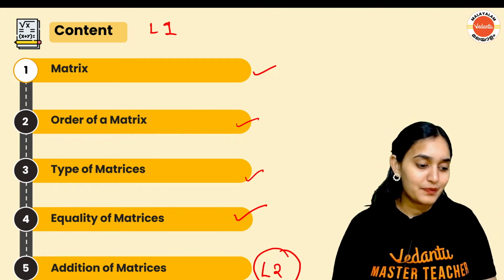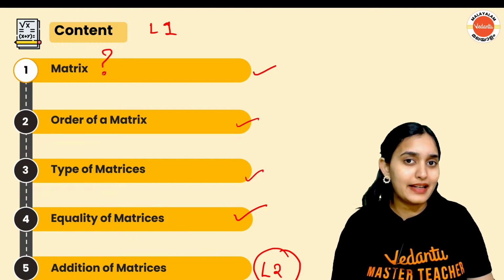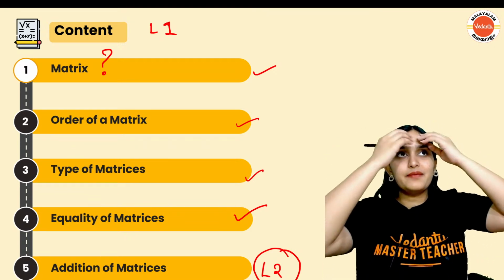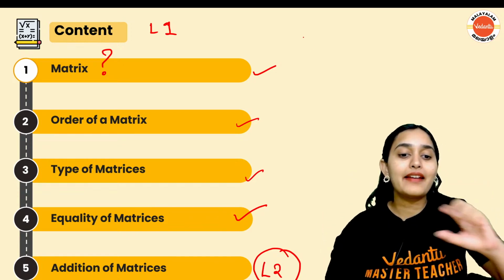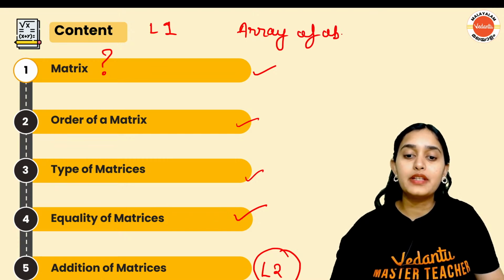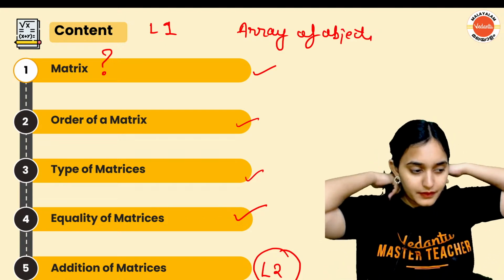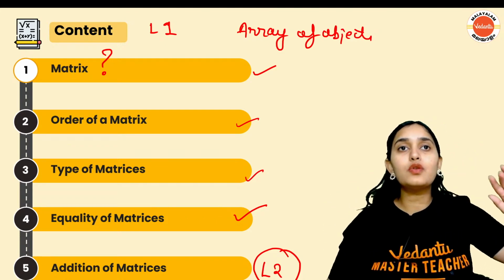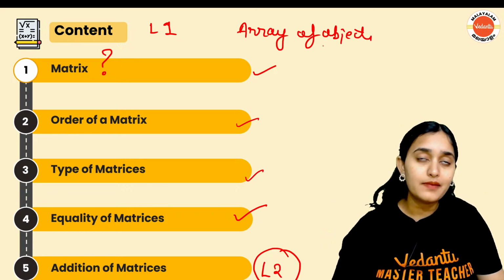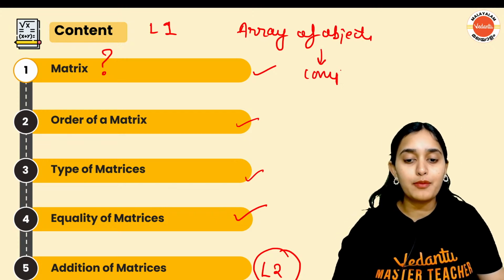Okay. So, does anybody have any idea what we understand by a matrix and why we use them? See, basically, whenever you have an array of objects, you have a number of objects, right? Now, it is sometimes difficult to represent or store it. For example, suppose you have lots of objects and you want to store them in your computer memory.